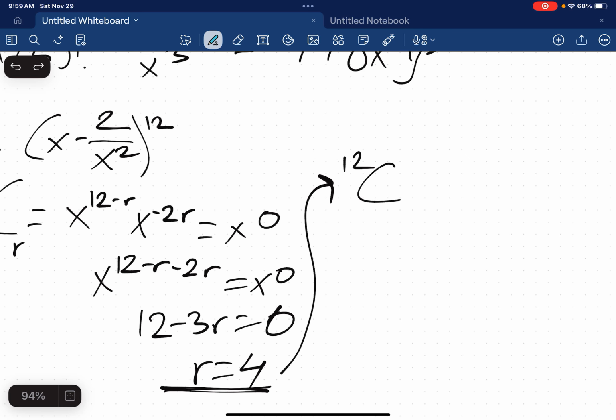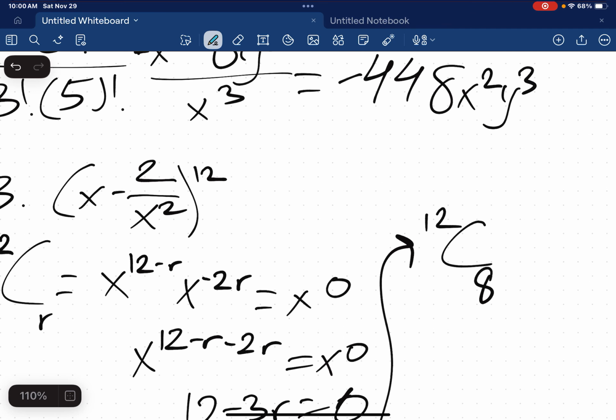No, it should be a 12 choose 4, no? r equals 4. No, okay, I understand it now. It's got to be 8.